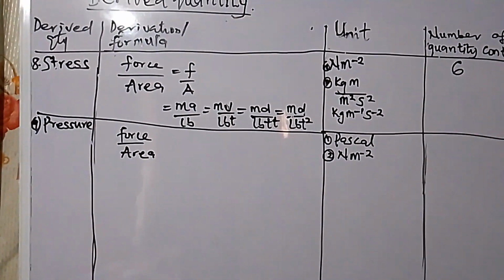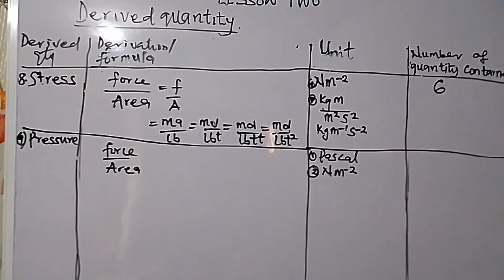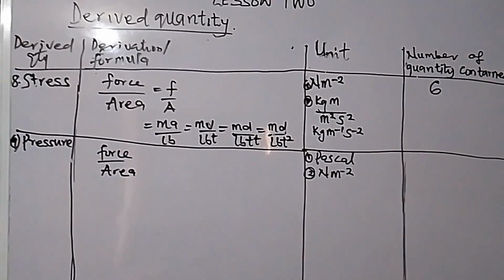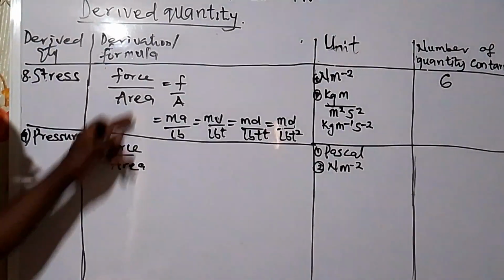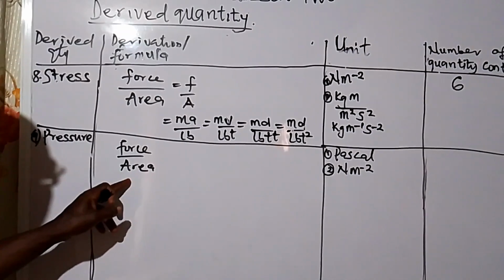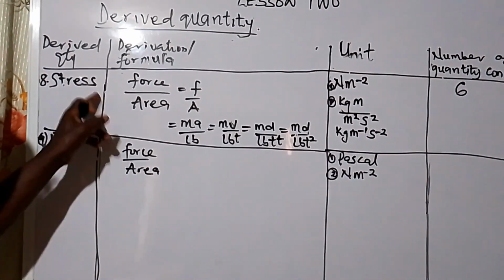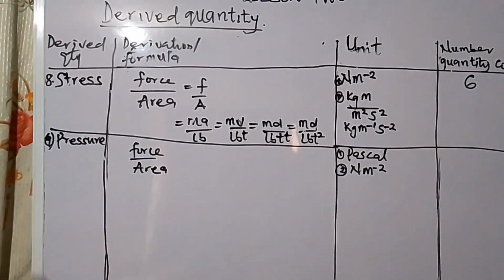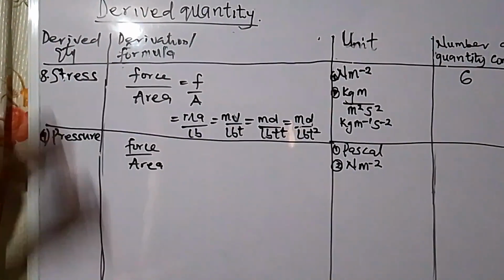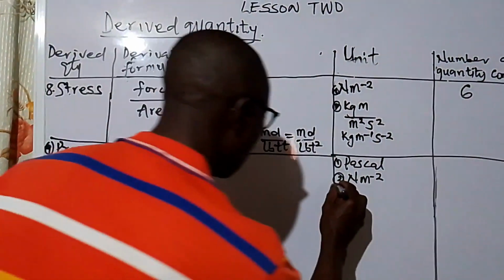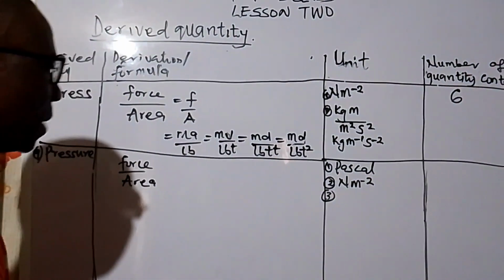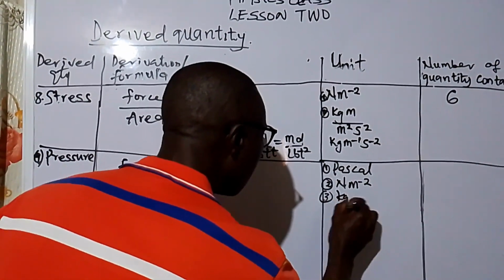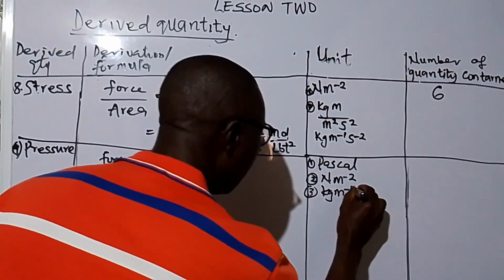Newton per meter squared. So without wasting our time, if we spread this force over area further, like that of stress, we are going to have the same thing. So to not waste our time, we can quickly say that the next unit of pressure, which will be number 3, will be kilogram per meter per second squared.